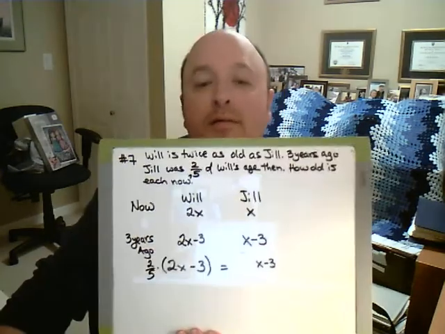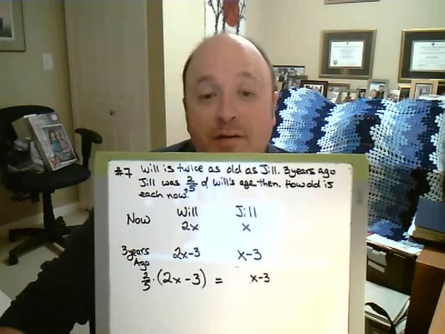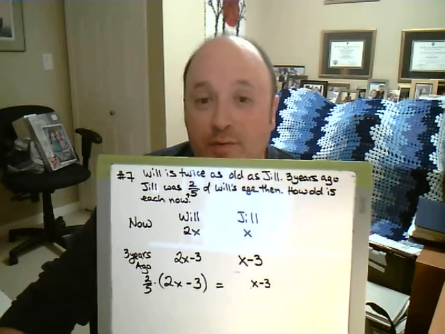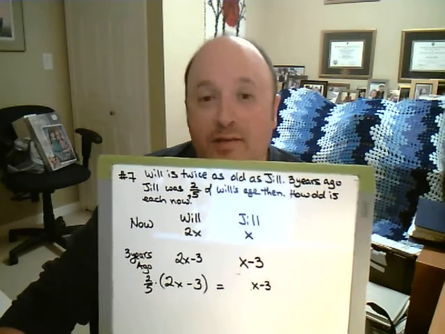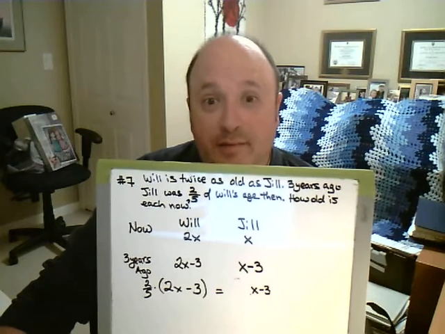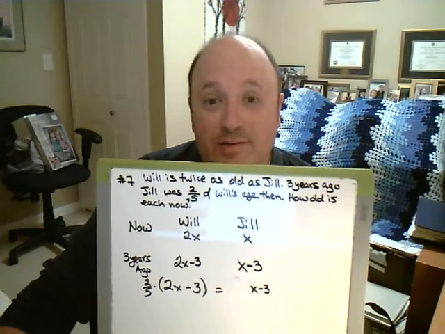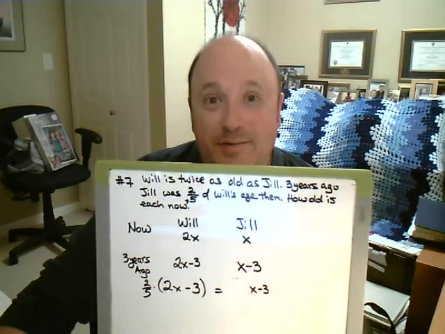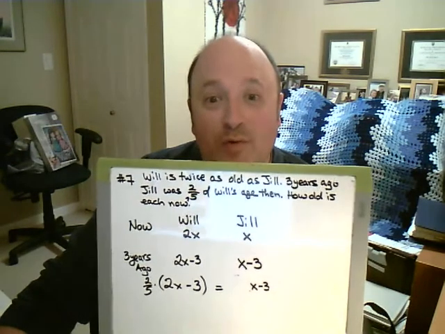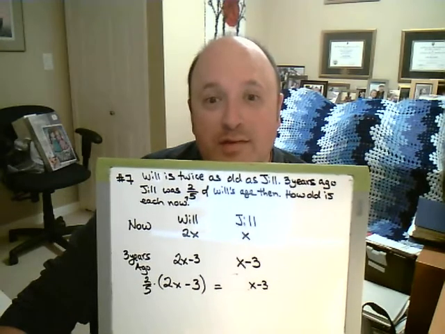Maybe. This is the right way to set it up. 2/5 of Will's age is equal to Jill's age 3 years ago. I mean, that totally bends your mind just trying to think about it, really. Bent my mind. I didn't even do that on purpose. I realized it as soon as I hit the unpause button to set this up. I was like, oh, what am I going to do? So I had to move it over, right? Sometimes you have to double think these things.